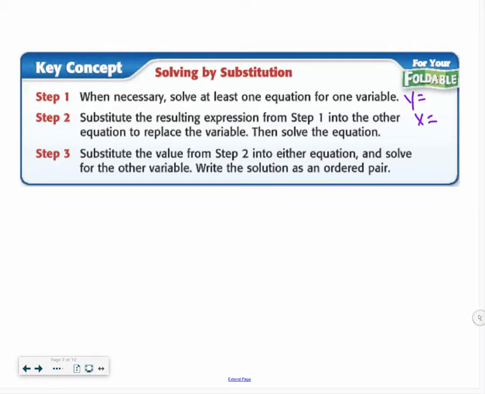The second step is then to substitute that equation from step 1 into the other equation, which I'll show you what that looks like. And then step 3, you solve for one variable, you plug that back in to find the other variable, and you write your solution as an ordered pair.